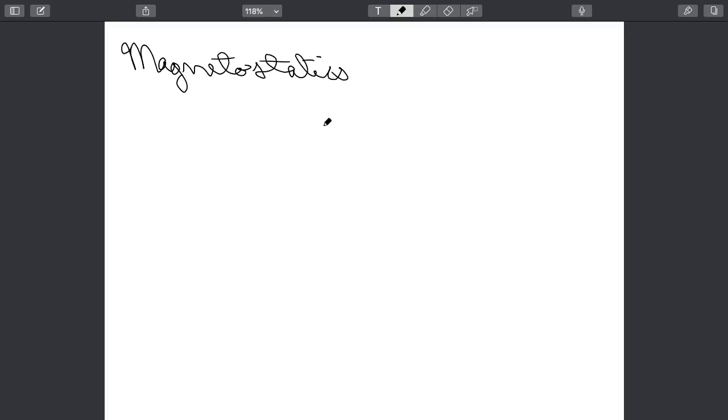However, perhaps a better synonym is the concept of steady things. If you have a steady current, it has no time dependence associated to it. Therefore, the way it looks does not depend on time. So despite the fact that it's a dynamical thing, it's not a static thing. It is a steady thing. Okay, so that's the spirit in which we'll be doing magnetostatics.